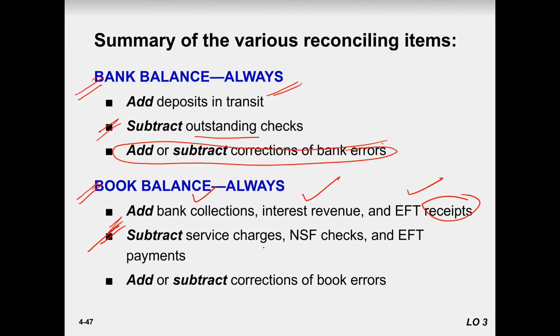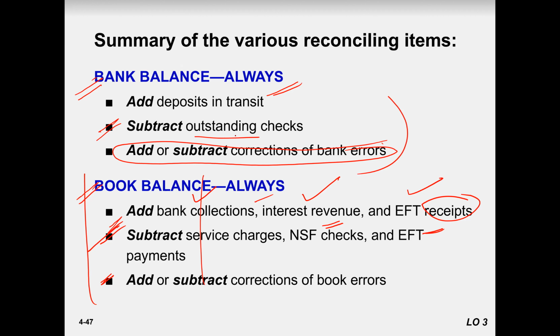And you subtract service charges, the non-sufficient bounced checks from the customers, and EFT payments. Okay? And the last one is add or subtract the correction of book errors. All right? And then you take the book balance and start making the entry.